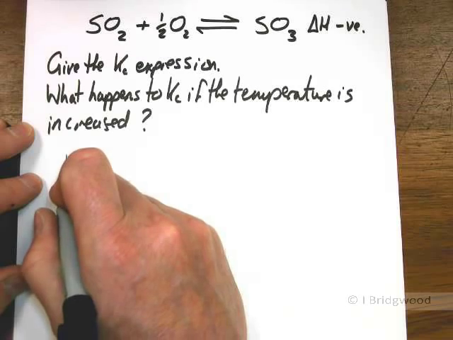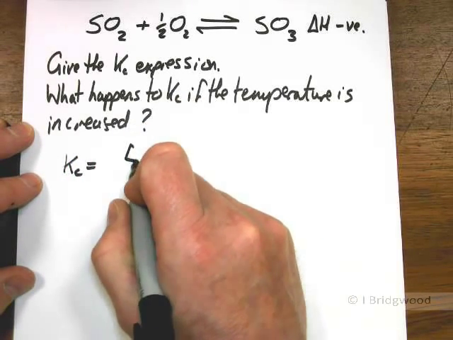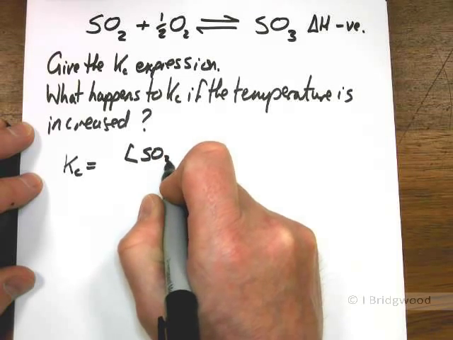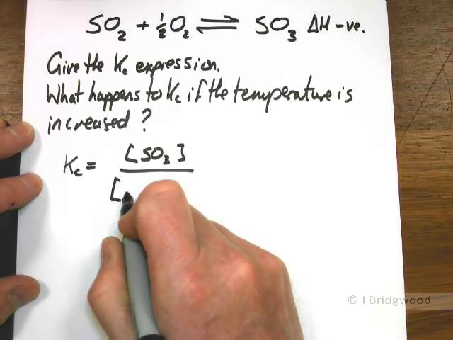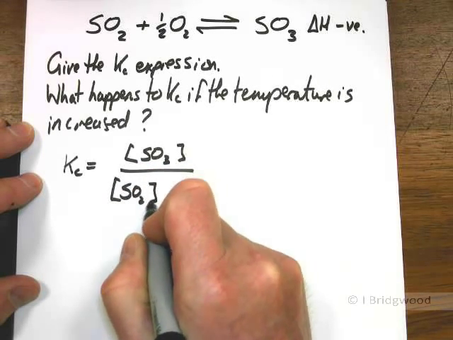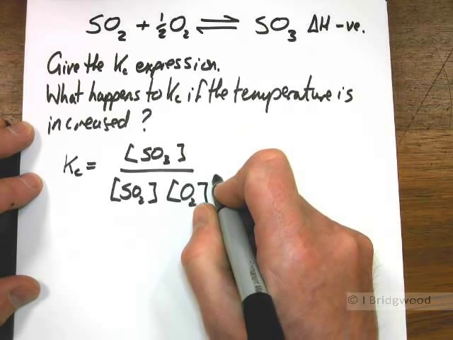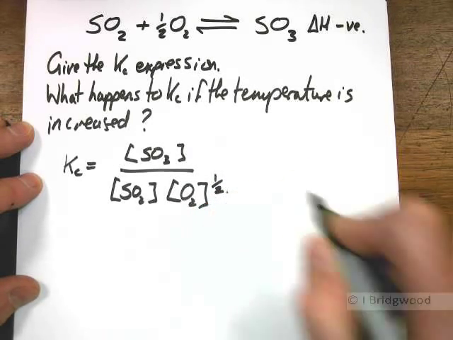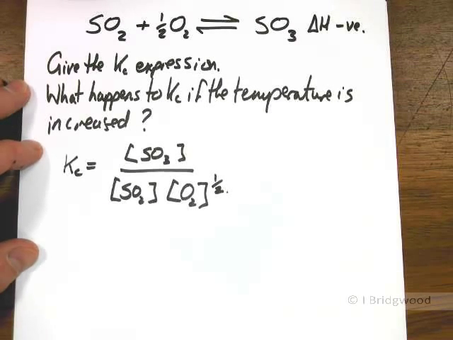Let's have a look at Kc then to start off with. So Kc is going to be equal to concentration of SO3 divided by concentration of SO2 and concentration of O2, but the concentration of O2 is to the power 1/2, like that. So that is our Kc expression.